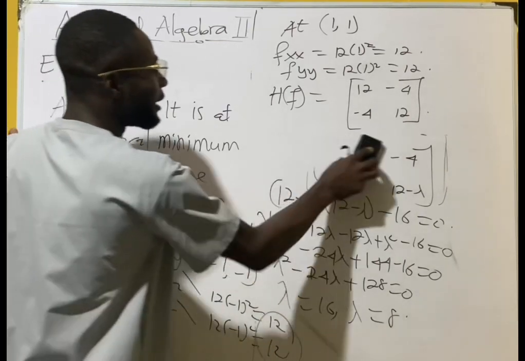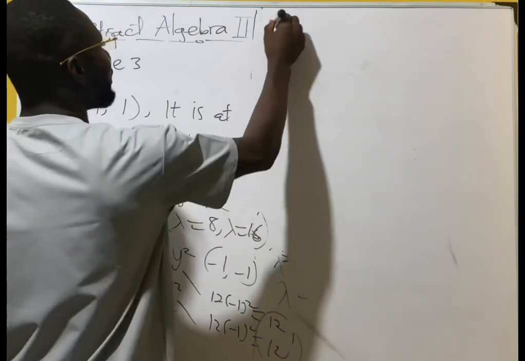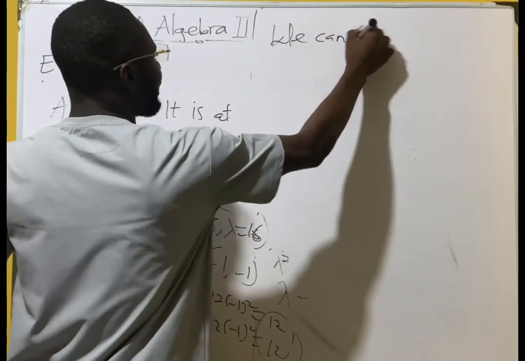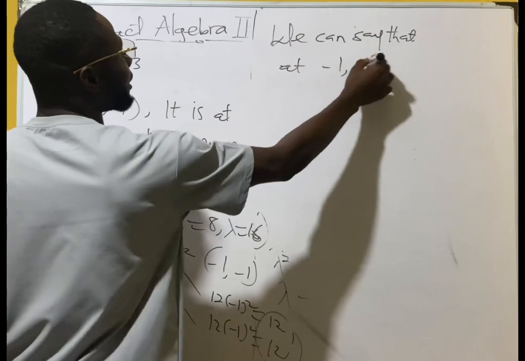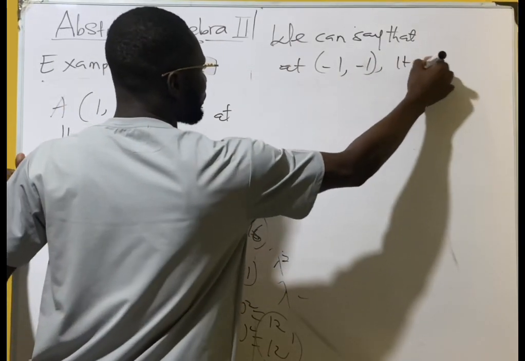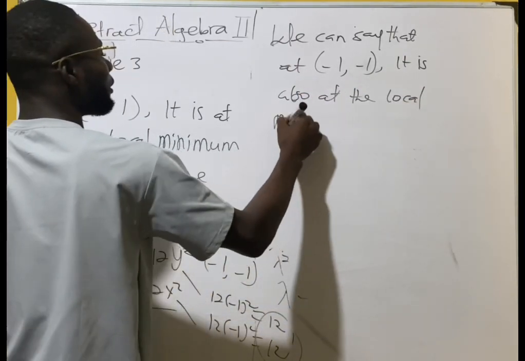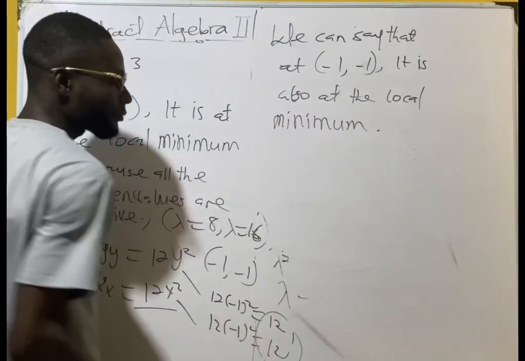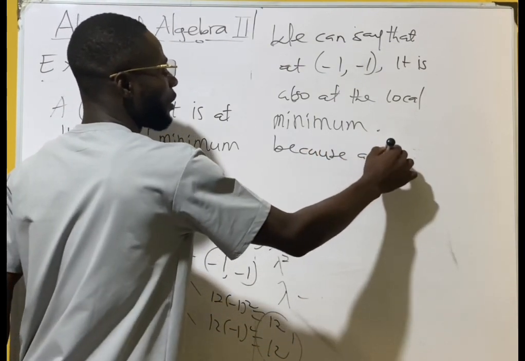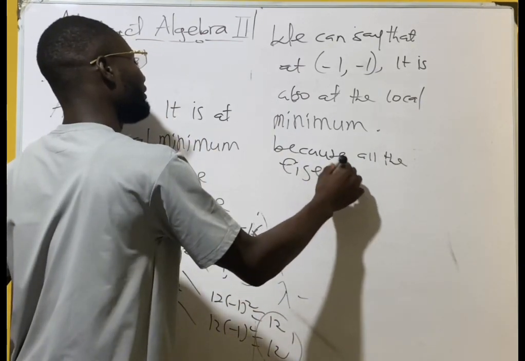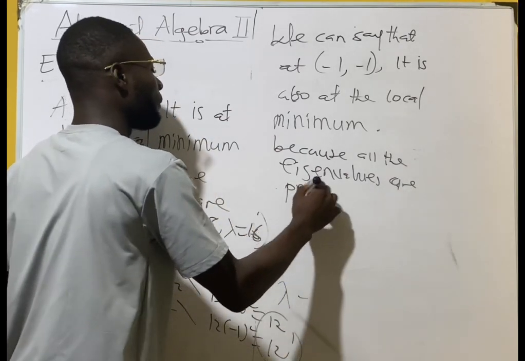So we can boldly say that at (-1, -1), it is also at the local minimum, because all the eigenvalues are positive.